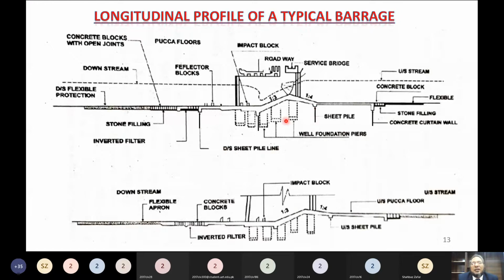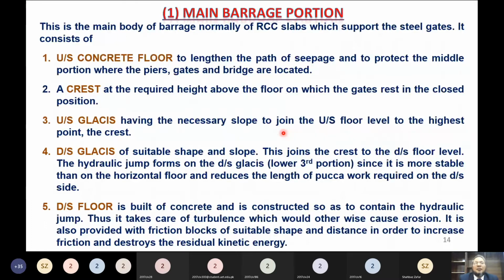And these two sheet piles are called intermediate sheet piles. So there are basically three types of sheet piles: upstream sheet pile, downstream sheet pile, and intermediate sheet piles. And these are the wells, caissons for foundations, for improving the bearing capacity of the soil while constructing this barrage.